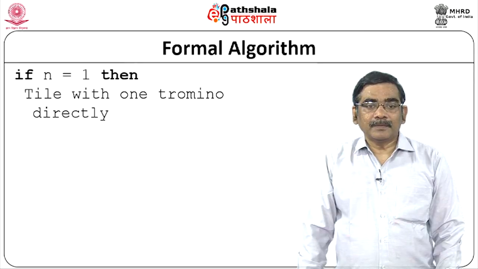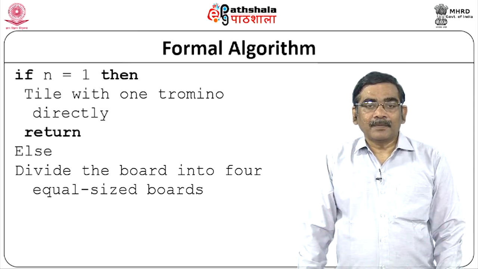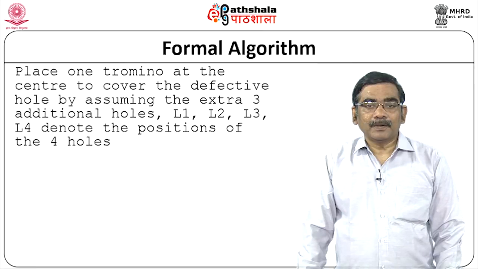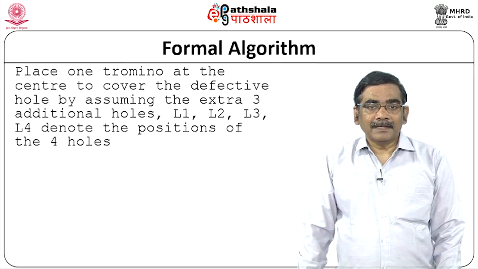If n is 1, I am straight away going to tile this with 1 tromino. Otherwise, I am going to divide the board into 4 equal sized boards, and I am going to place the tromino at the center to cover the defective hole. So, one tile is covering the defective one, leaving 3 additional holes.